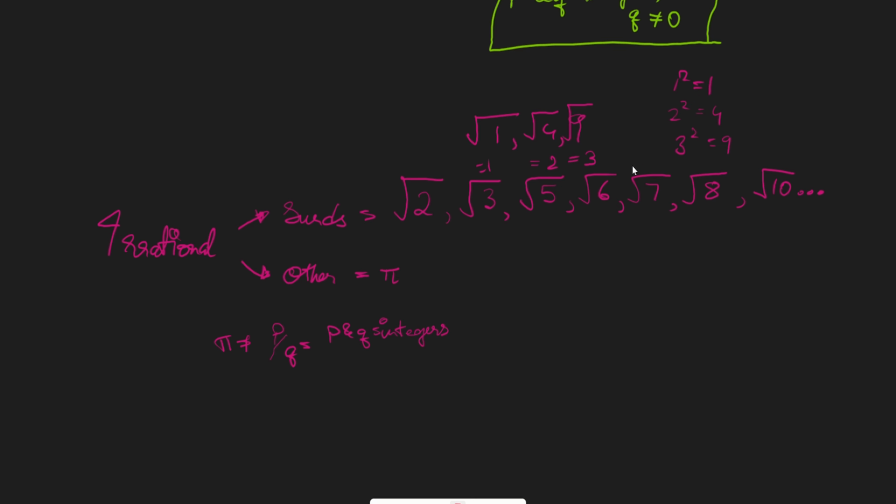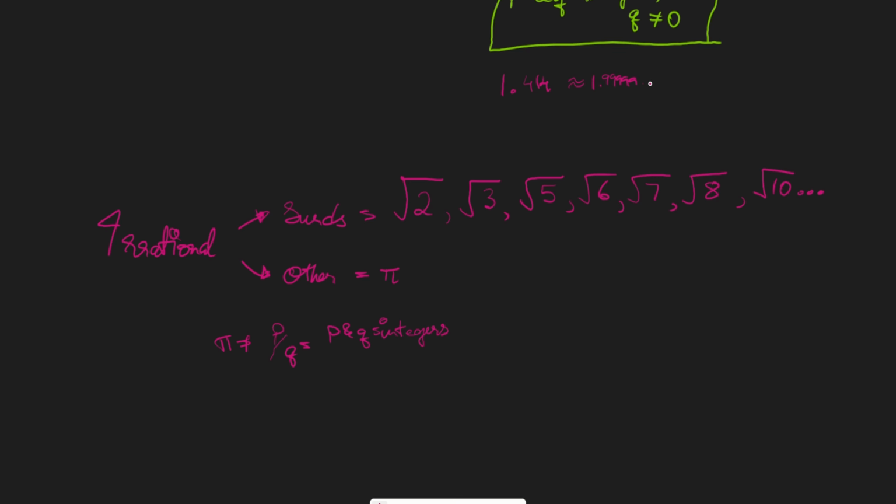So these can be written in the form of P by Q. Root of 1 can be written as 1 by 1. The root of 4 can be written as 2 by 1. Root of 9 can be written as 3 by 1. However, root of 2 cannot be written in the form P by Q. The closest you'll get to two numbers that multiply with each other to make 2 is going to be 1.414, but this is only going to give you 1.99999.